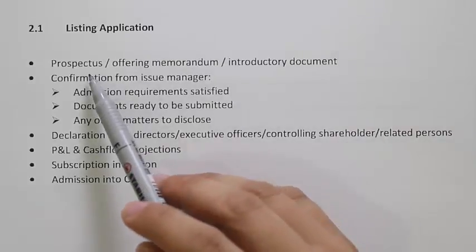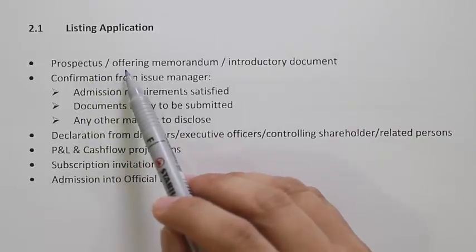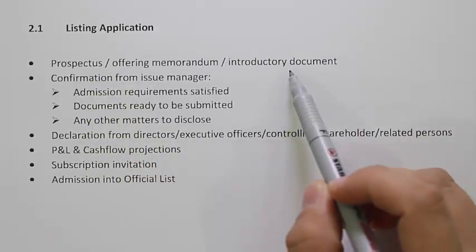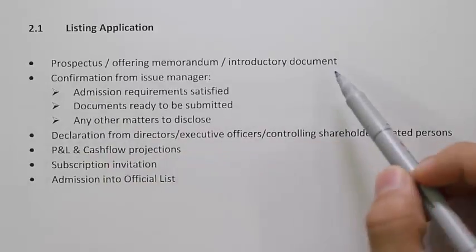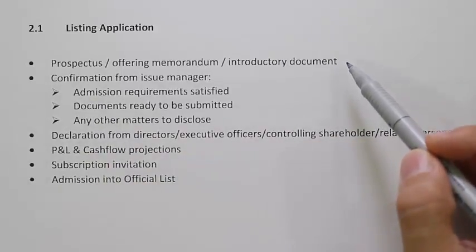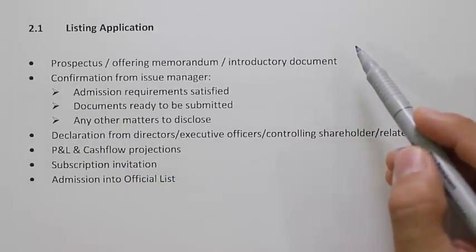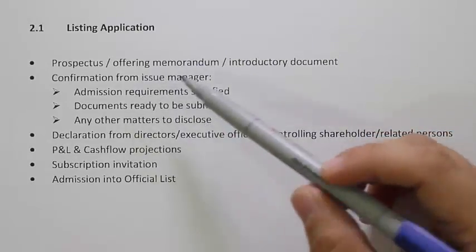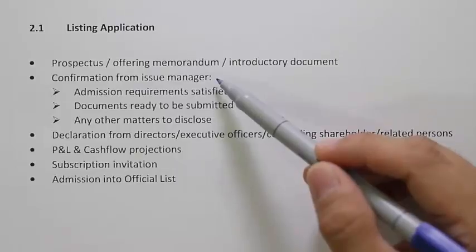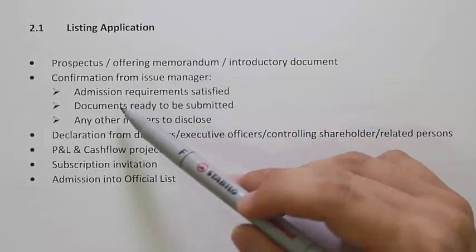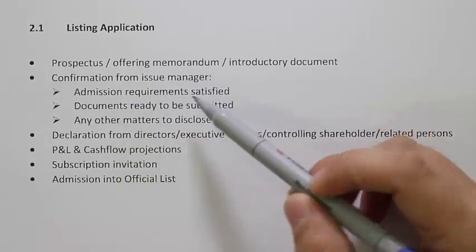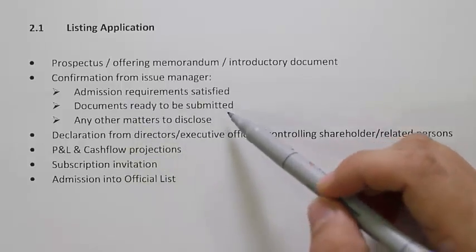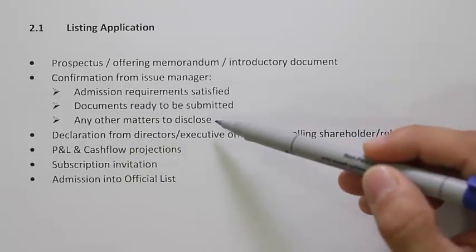It also requires the prospectus or offering memorandum or introductory document. These are the documents that show the public or even the MAS what the company is all about. You require a confirmation from the issue manager that tells you that the admission requirements are satisfied and that the documents are ready to be submitted, and if there are any other matters to disclose prior to listing.